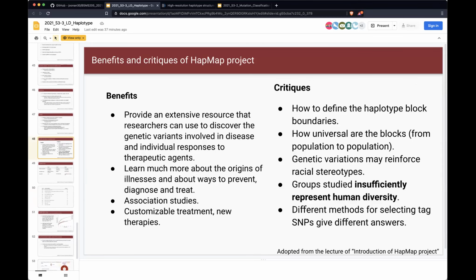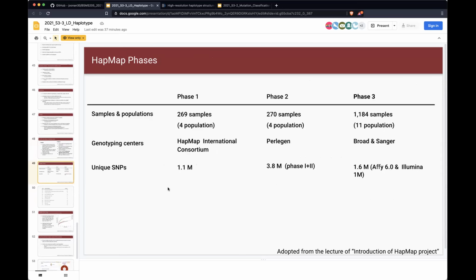And another issue is that we used 5 populations in the study, but people weren't sure whether these fully represent human diversity or not. But if you look at the more recent studies, they include more and more populations.